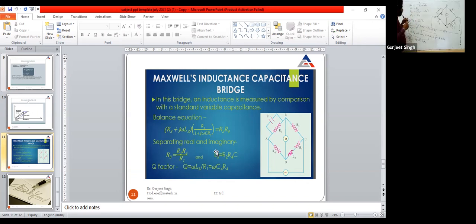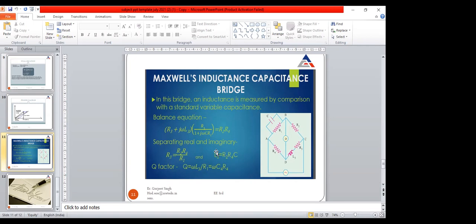Whenever R1 and C1 are in parallel, we write Z1, the combined impedance of R1 and C1, as R1 upon 1 plus j omega C1 R1. This is the standard formula.